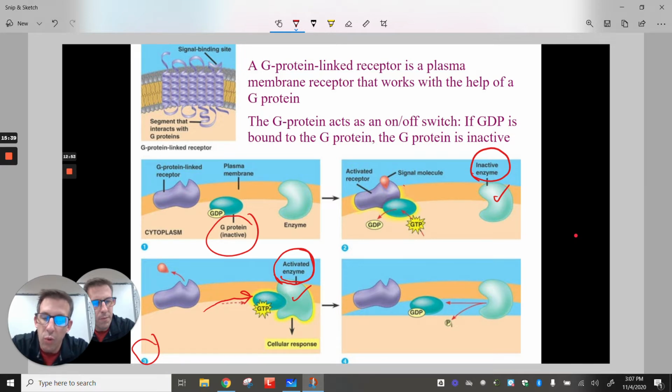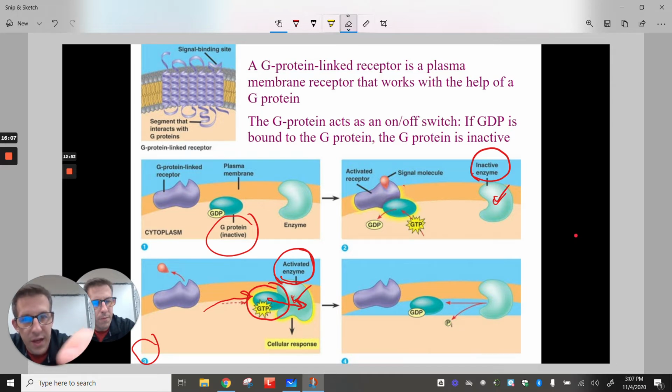And so what we see is that this inactive enzyme is now active because it has a conformational shape change, okay? The other indicator is that it's got this glowing yellow aura around it, right? We said that's what we want to see if a molecule is active, all right? So G protein right here, this green blob, is responsible for activating this guy right here, okay?